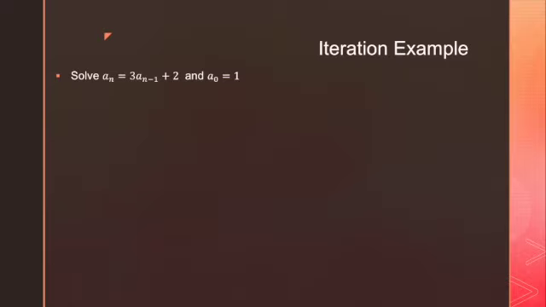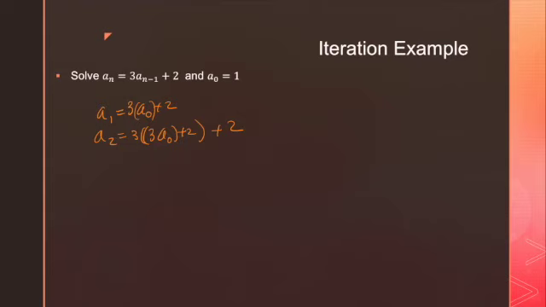So I have a sub 0 is 1, a sub 1 is 3 times a sub 0 plus 2. a sub 2 is 3 times 3 a sub 0 plus 2, plus 2. I know my parentheses aren't quite right here, guys, but I'm trying.